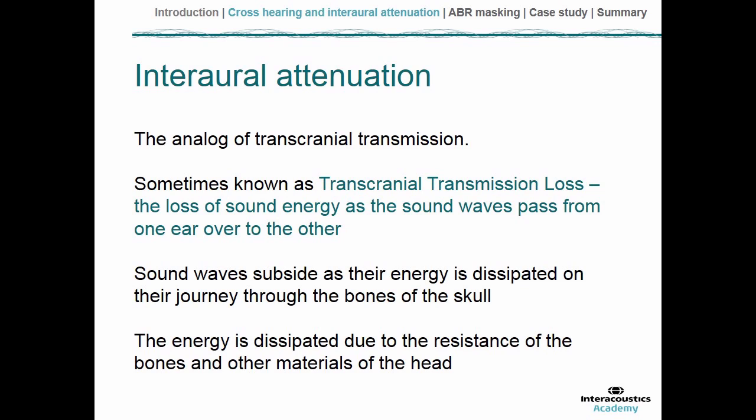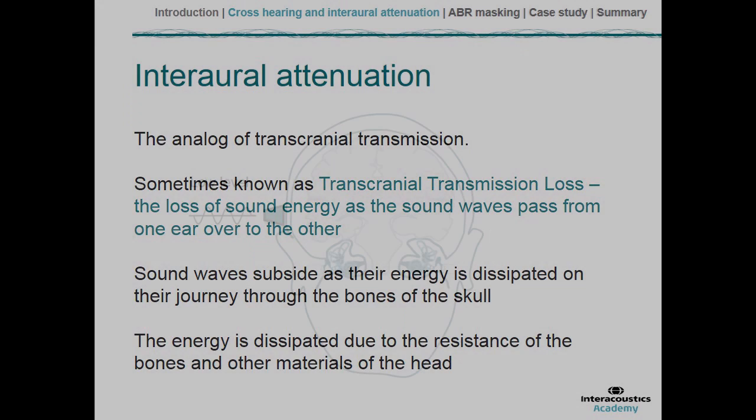Now, on the other hand, if the sound vibrations are high enough, then they might reach all the way over to the other side of the head and be detected by both ears before the interaural attenuation has dissipated the sound. And I've just produced a few slides to try and illustrate this phenomenon here.